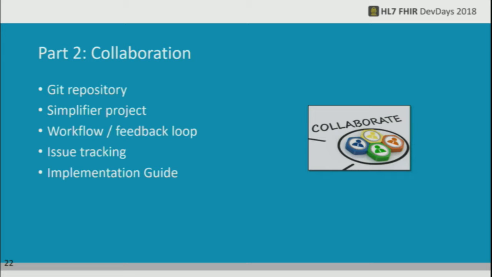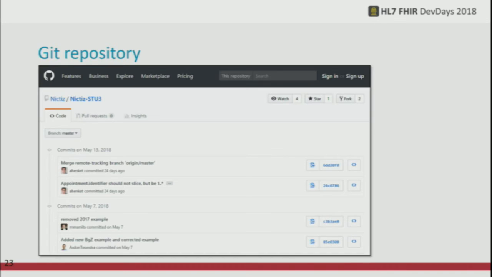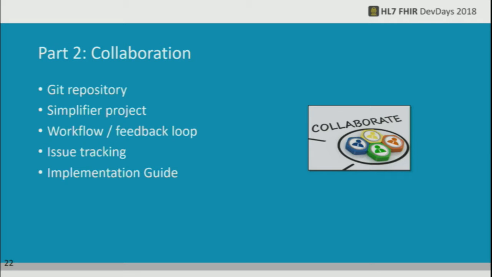Next part is about collaboration, and this is not really FHIR specific, actually. But this is just about things that we ran into when we worked together on the Dutch profiles. And we really hassled with that, actually. So we did that for NICTIZ, which is our SDO.